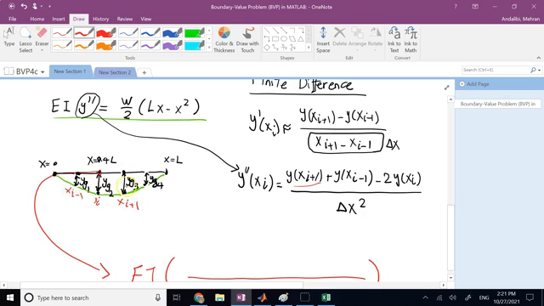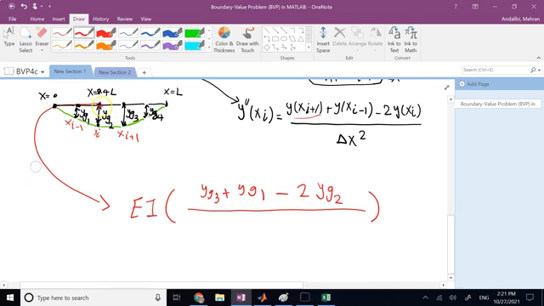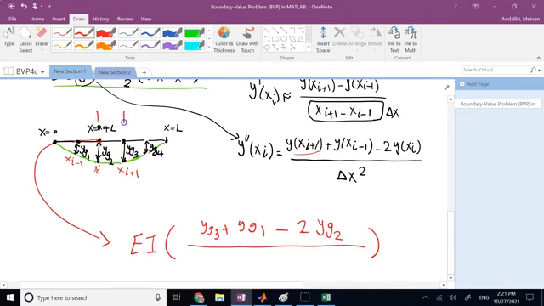It's going to be the y at the previous and the next node, so yg number 3 plus yg number 1 minus 2 times yg number 2 divided by delta x, which in this case is clearly 0.2 L, squared.